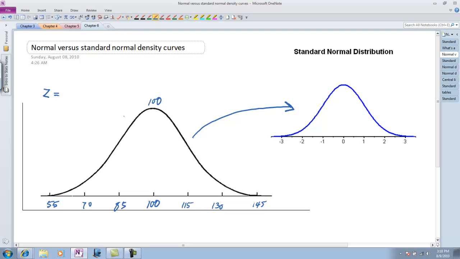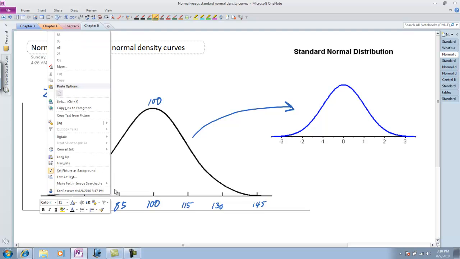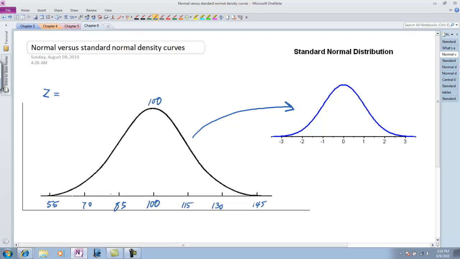If I wanted the z-score for, let's say, right here, 80, I would go x minus mu over sigma, which is 80 minus 100 over our standard deviation, which is 15. So that would be negative 20 over 15, which we can approximate as negative 1.33.